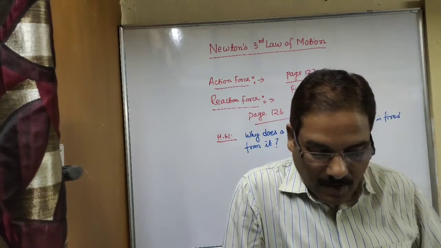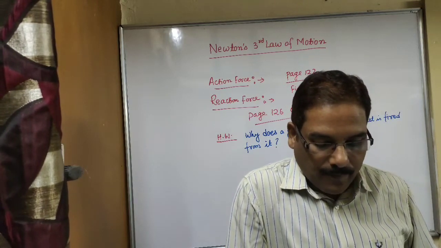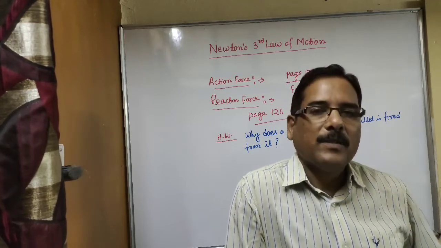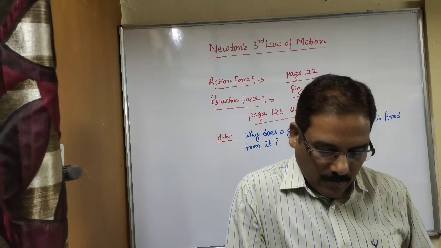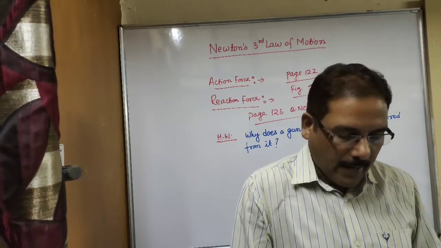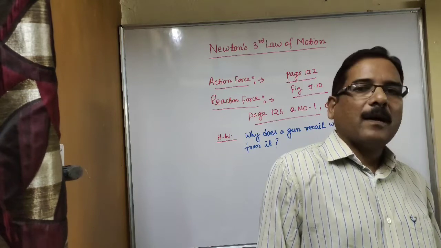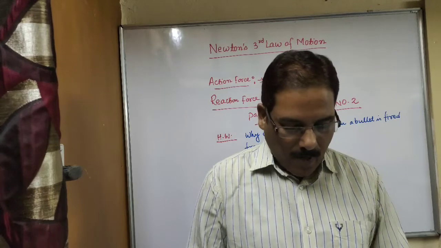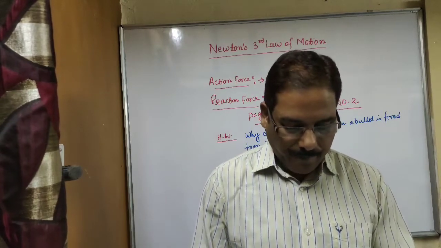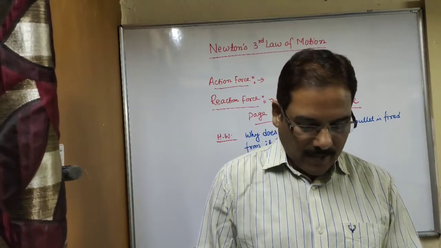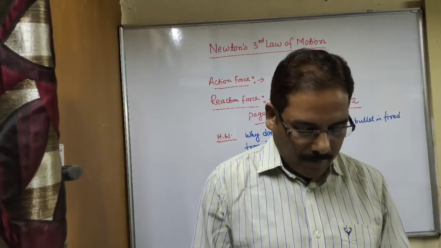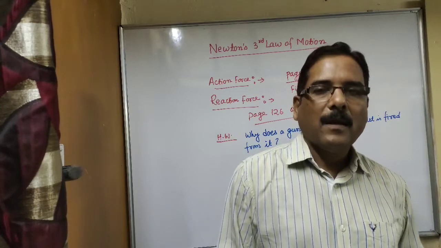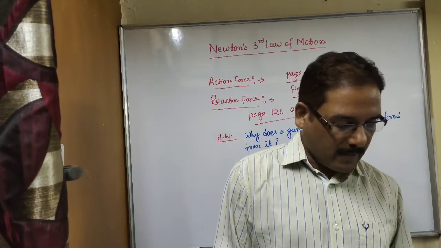As the sailor jumps in the forward direction, the boat moves backwards. So you can get these questions and give reasons. You must go through it, and next class you must submit your answers. Now I want to discuss some extra numericals which are given in the last page of this chapter, that is on page 130, additional exercises.